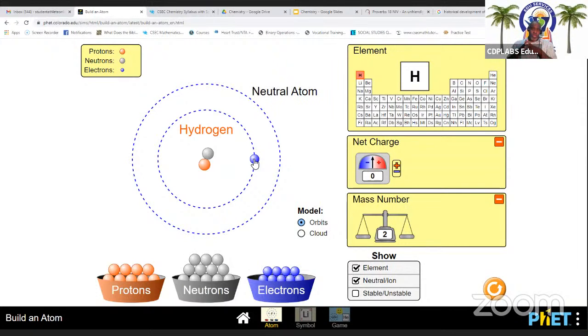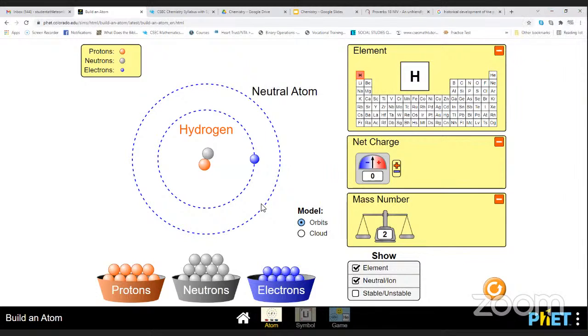Good? So hydrogen is in period 1 because it only has 1 shell. But it is in group 1, only 1 electron. Both of you understand that?